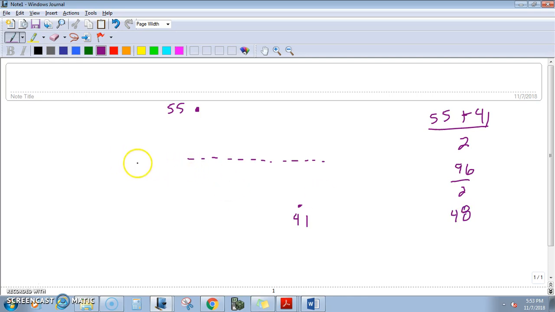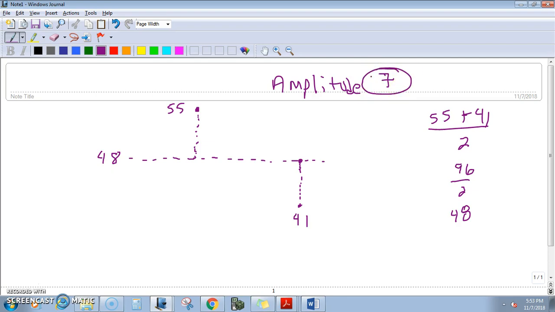So halfway between those two values is 48. So we want to figure out how far away is 55 from 48, but also how far away is 41 to 48. And the answer for both of these numbers should be 7. That's our amplitude. Our amplitude is 7. That's the distance halfway between those two numbers.